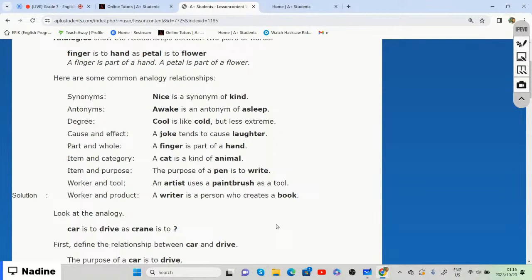It's like saying, oh, you are so kind, you are so nice, because nice and kind, they are similar. Then we have antonyms, which is the opposites. For example, it's either you are awake or you are asleep.